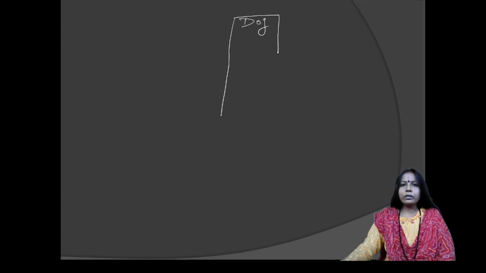For example, if you try to create a class named dog, at first think about the variables, the mandatory variables. So here: size, breed, color, name.